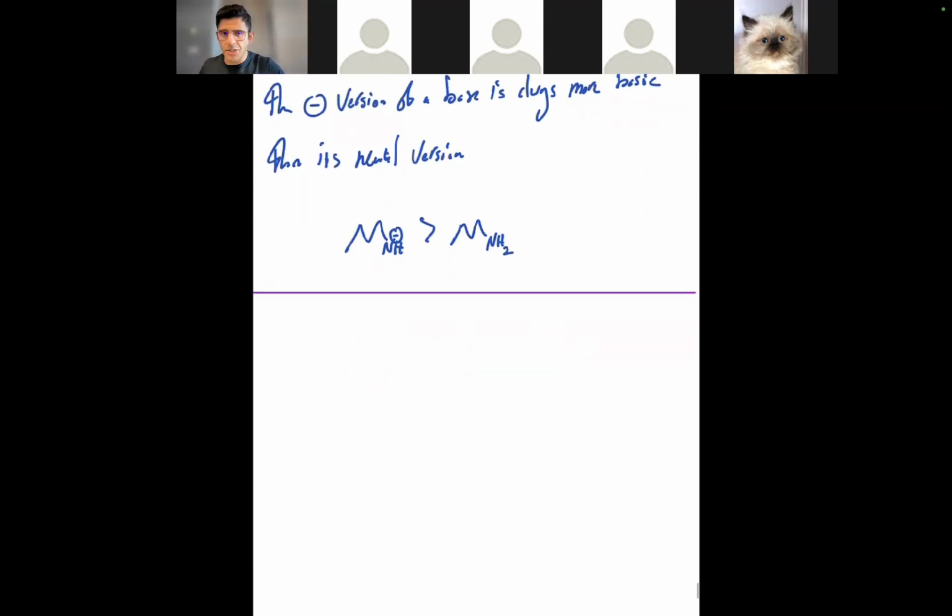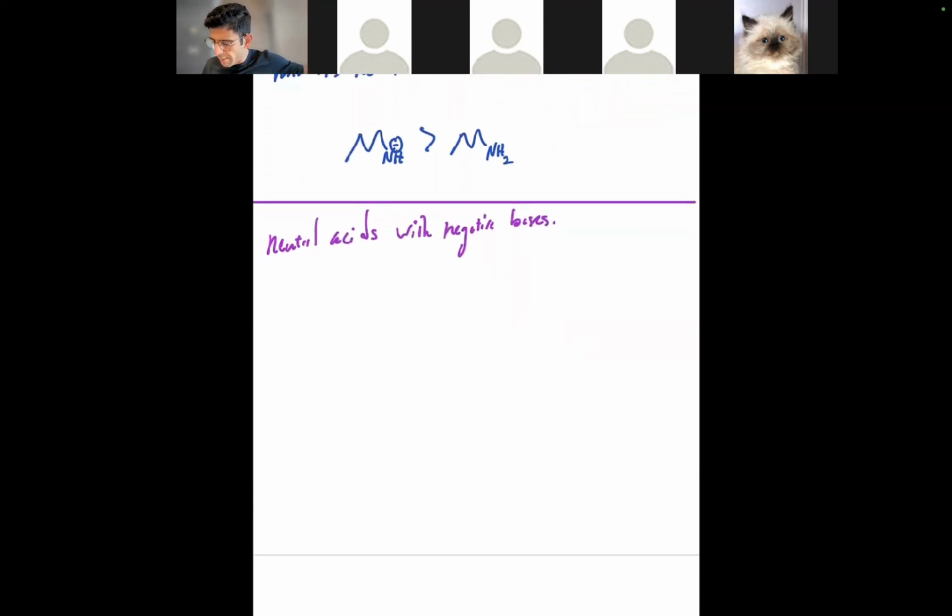Okay, so this is what's general, applies to any acid-base question. Now let's talk about these cases with neutral acids with negative bases. And if you're wondering, can you have a neutral acid with the base not being negative?